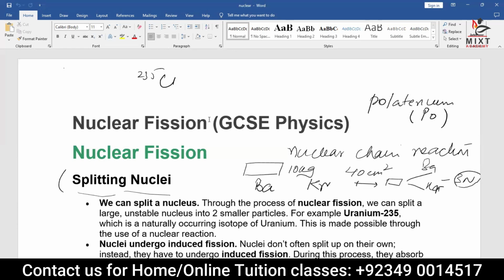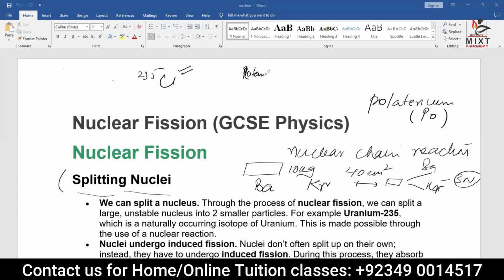I'm not sure, but we do use other things. Remember that uranium is a very rarely found material. Initially it was thought that uranium can be used, but the problem with uranium is that it is not omnipresent. You can't find it so often. So that is the reason that, along with uranium, you can also use plutonium.